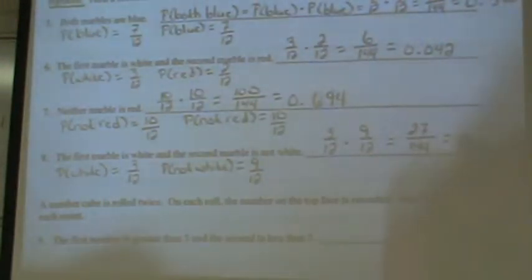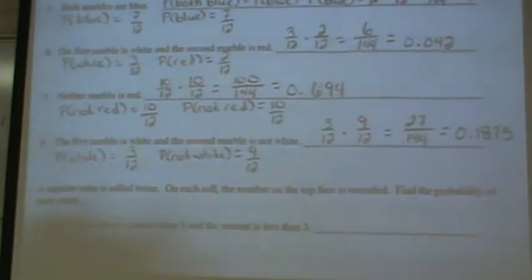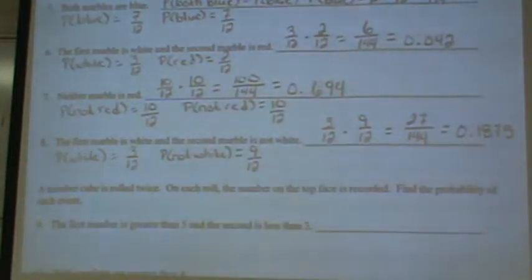Number 8, you should get 0.1875. So again, 100 divided by 144 for number 7 gives you a decimal of 0.694. And for number 8, 27 divided by 144 gives you 0.1875.